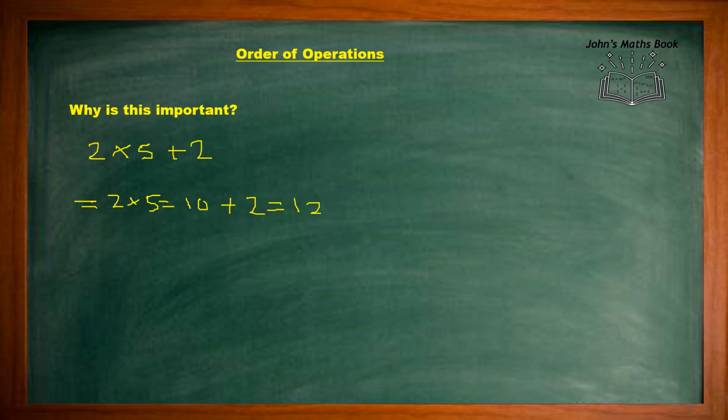If we then go from right to left, we have 2 plus 5, which is equal to 7, and then 7 times 2 gives us 14. So as you can see, the first answer of 12 is different to the second answer of 14.